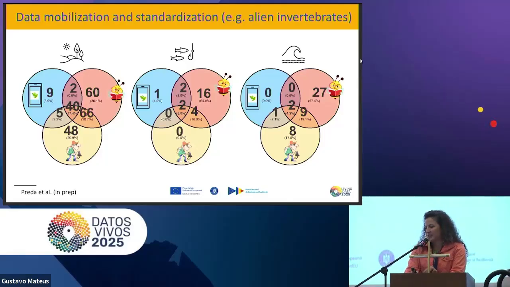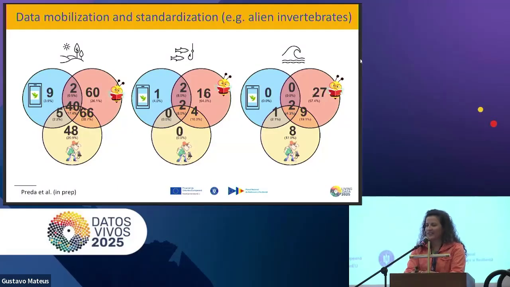You can see here the data coming from different sources, published data, field work, and also citizen science, in the different realms: terrestrial, freshwater, and marine. Maybe I should mention that citizen science is not such a big thing in Romania yet.